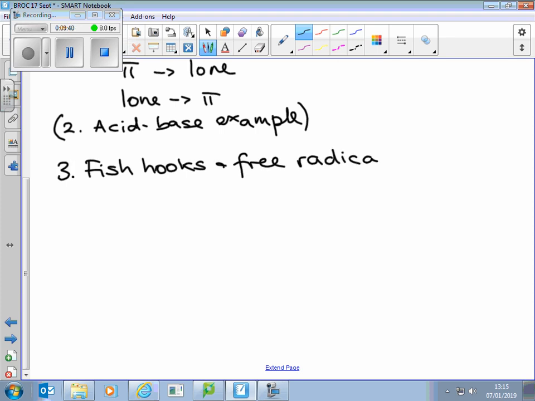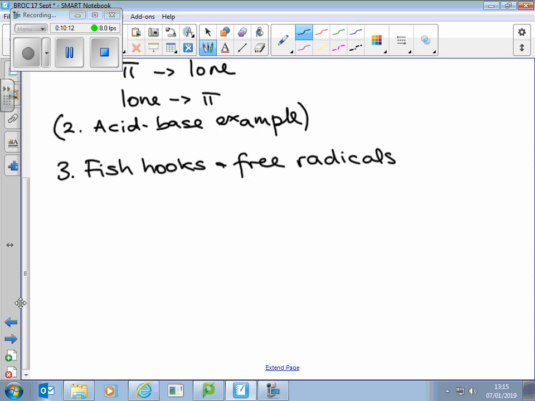Okay, now so far we've not met any of the fish hooks, but up in that top box, the electron rearrangements and curly arrows box, you've got whole curly arrows. Now those whole curly arrows are showing you the movement of whole pairs of electrons. The other option is for single electrons to move. And I'm going to draw out the diagram there in a little bit more detail because it's a bit squashed.